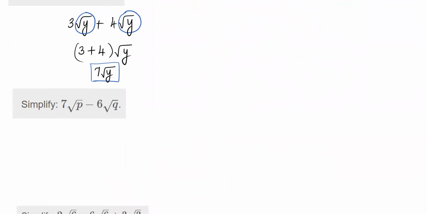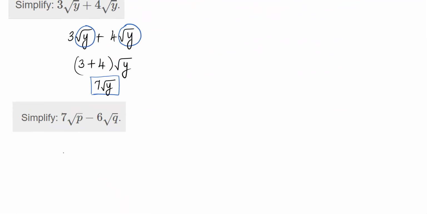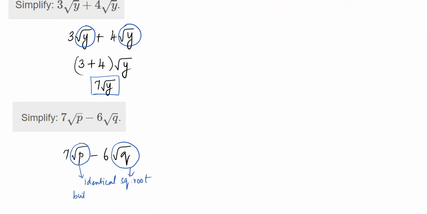Okay. Let's look at this one. 7 square root of p minus 6 square root of q. What do you know about these two? Well, they both have identical square root, but not identical radicand.